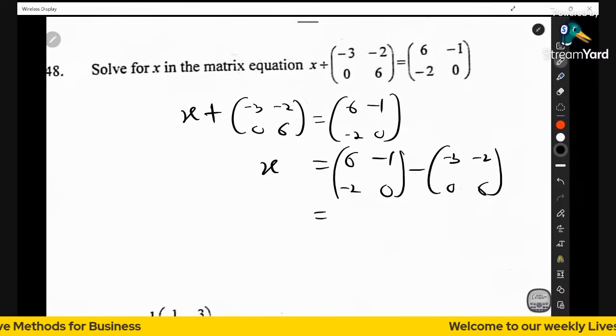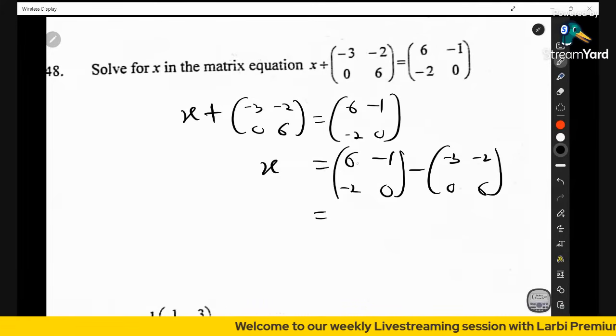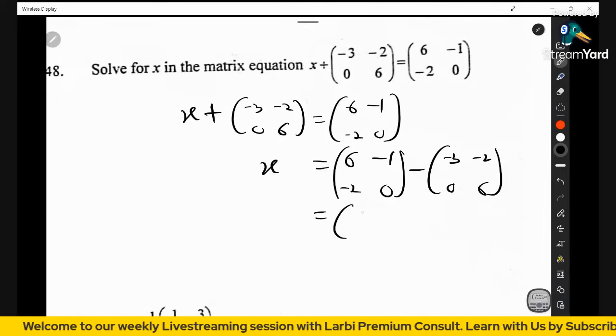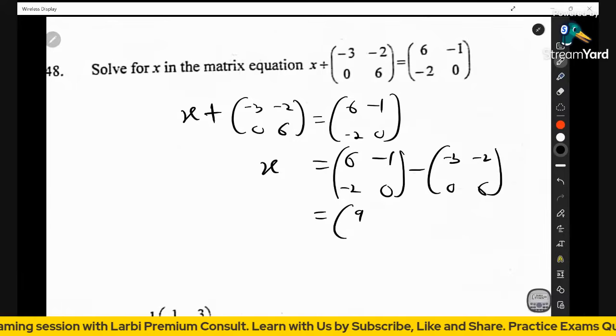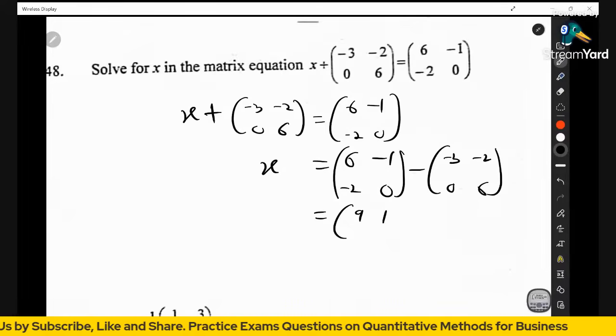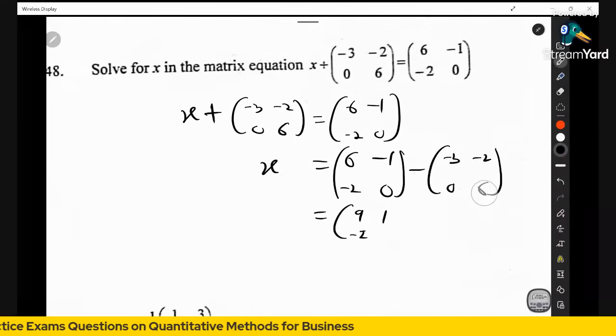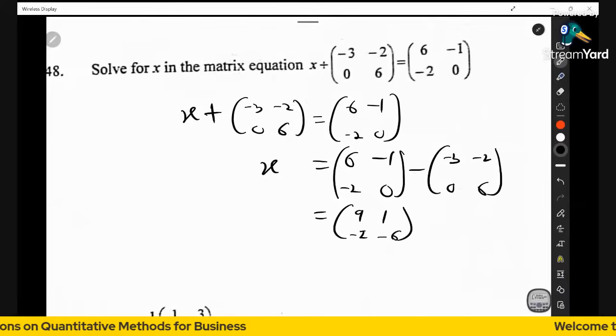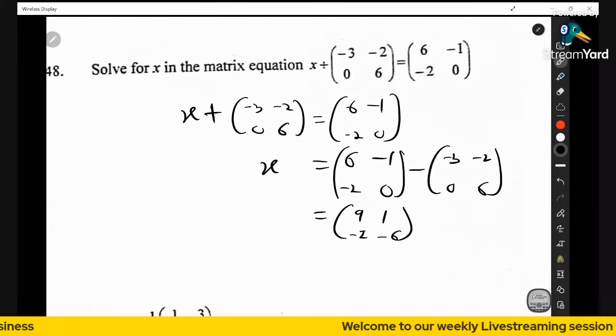So you subtract. So 6 minus negative 3, so we are getting what? 9, right? So you're getting 9 here. Okay. And then that of negative 1, subtract negative 2 from negative 1, we are getting what? Positive 1. Then here 0 from negative 2, we are getting negative 2. And then here 6 from 0, we are getting negative 6 in that line. So let's take note of that.